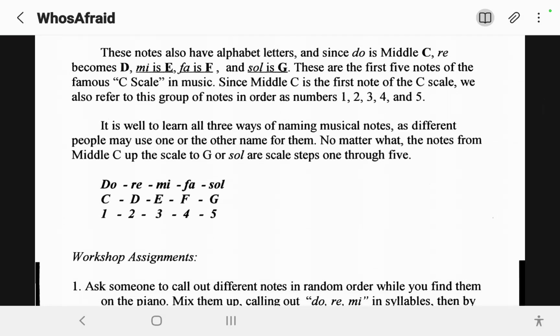It says, it is well to learn all 3 ways of naming musical notes, as different people may use one or the other name for them. No matter what, the notes from middle C up the scale to G or sol are scale steps 1 through 5.